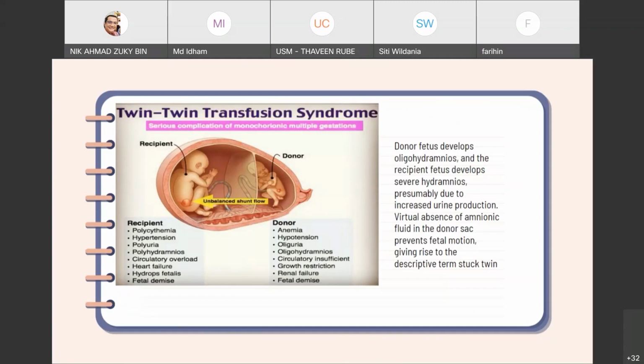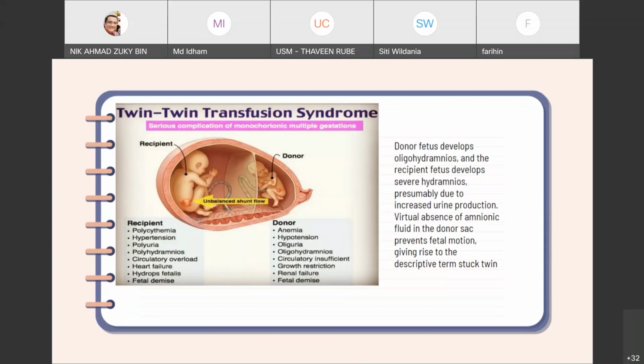The complication of high setting ventilation is leaking of the lung, creating a pneumothorax, or pulmonary hypertension secondary to the pneumothorax.